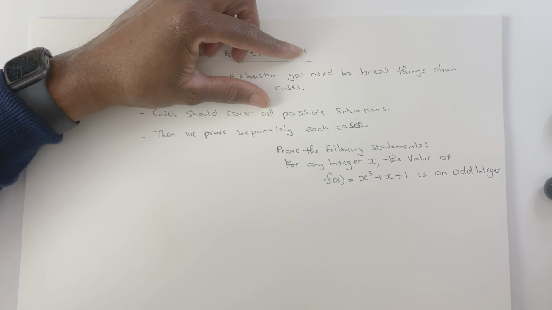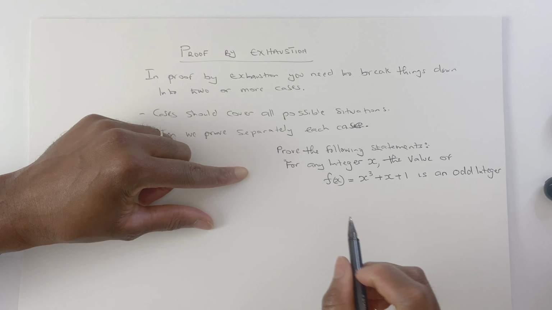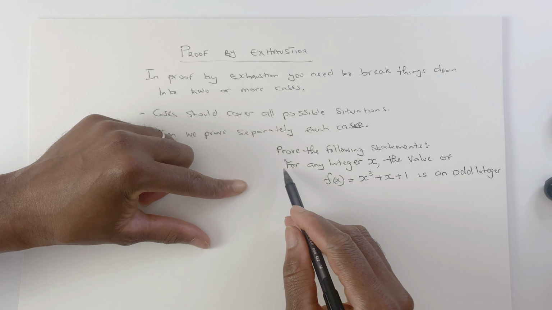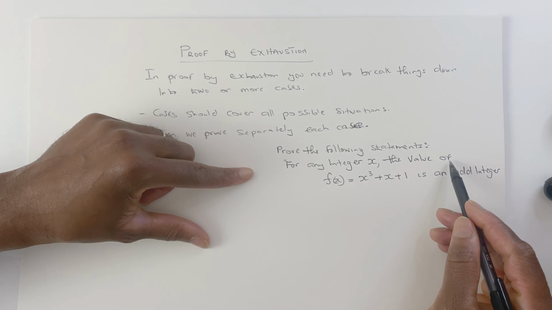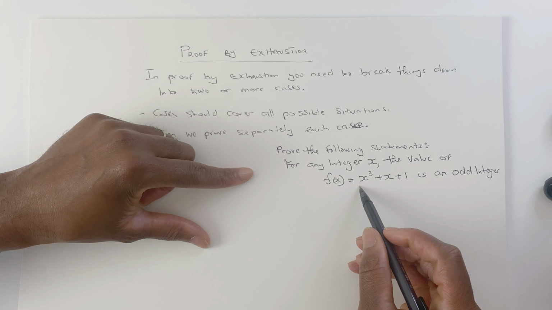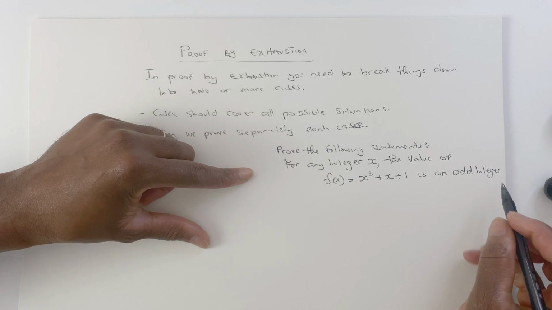So that is the statement we're looking at. For any integer x, the value of f(x) is an odd integer.